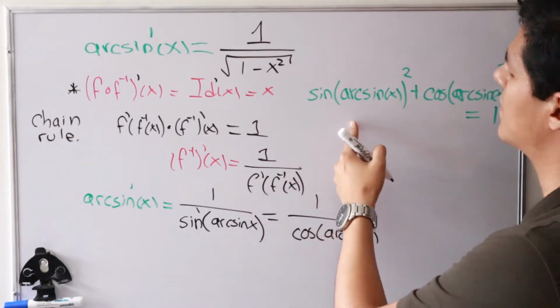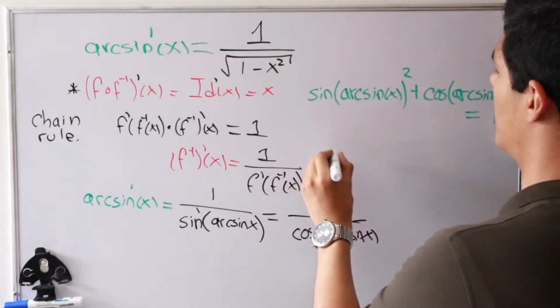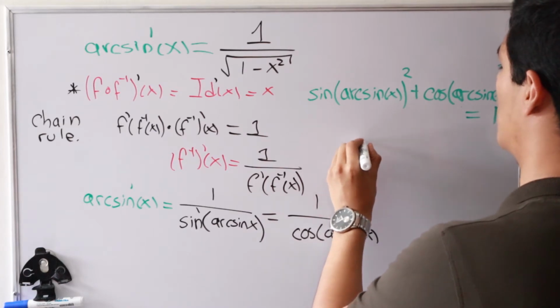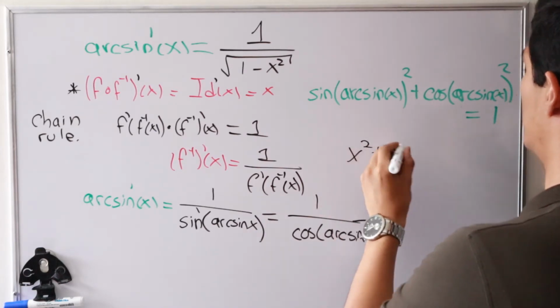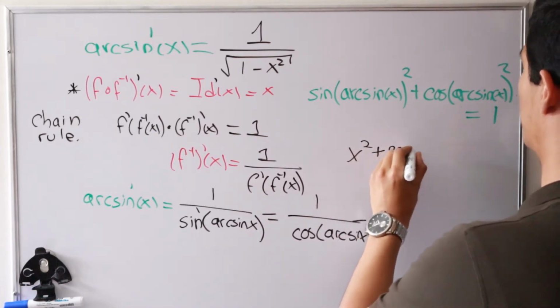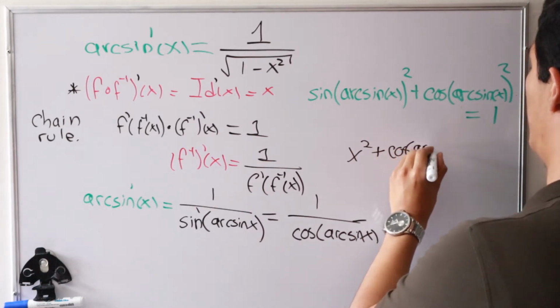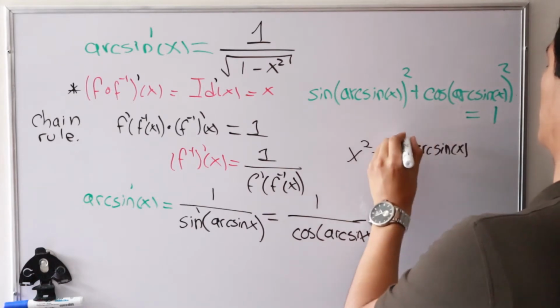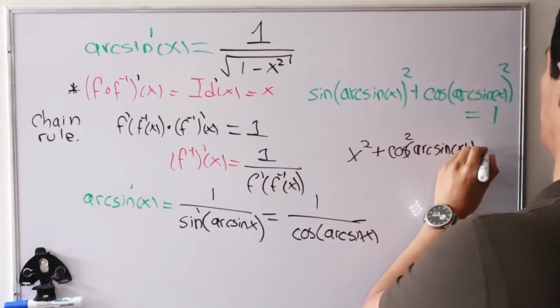So in this case, it is x squared plus cosine evaluated on arcsine of x, and this is squared, equals 1.